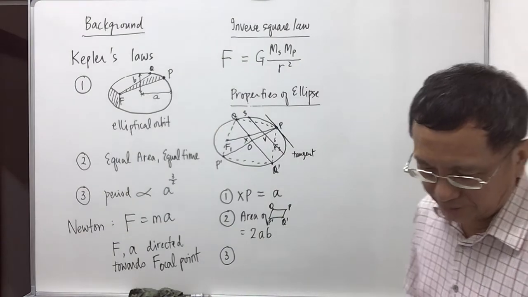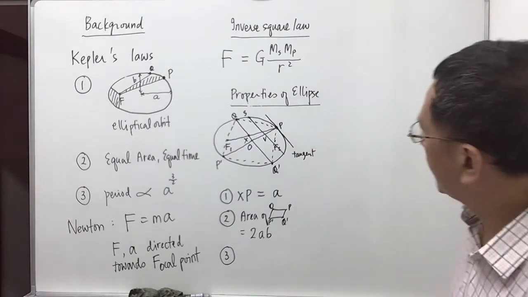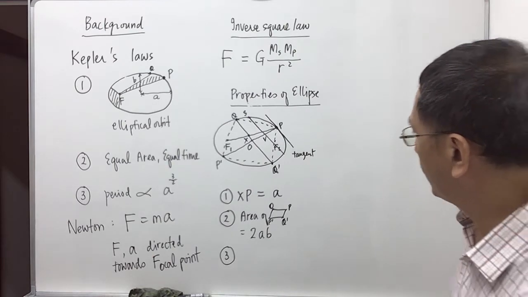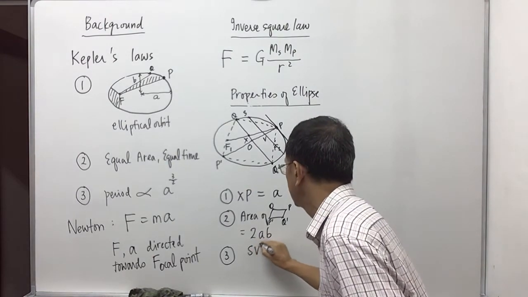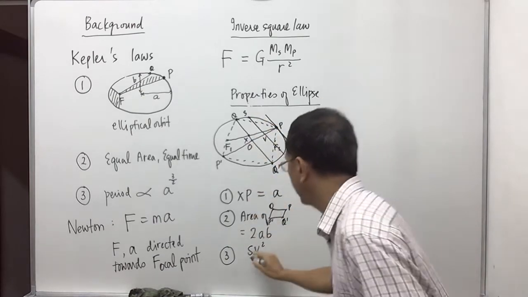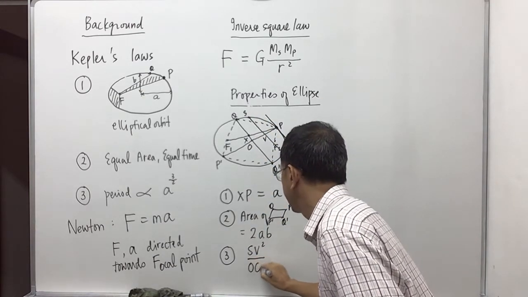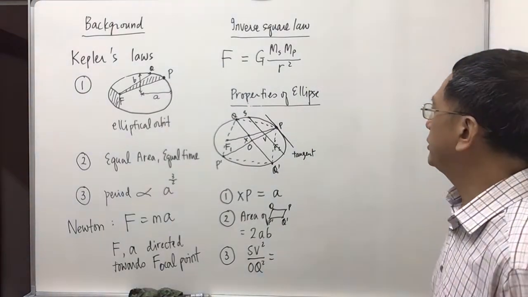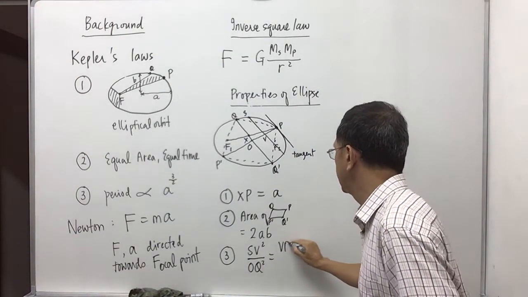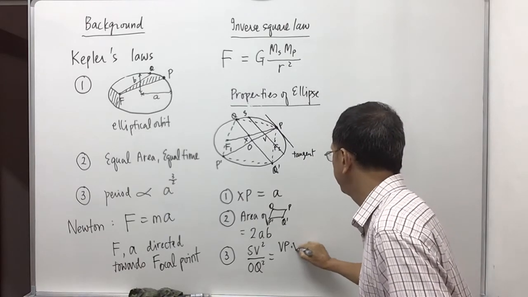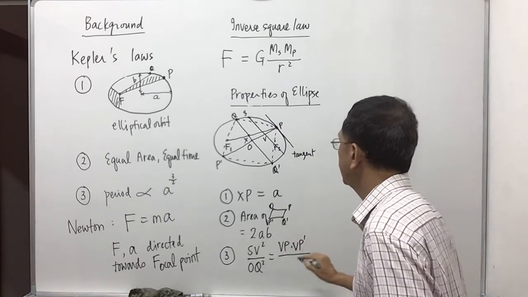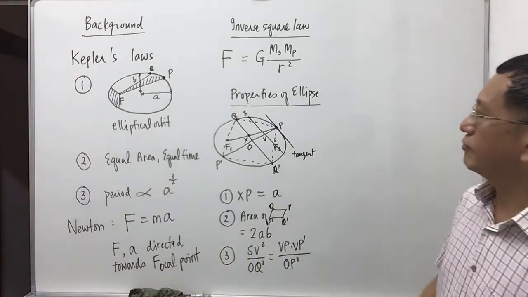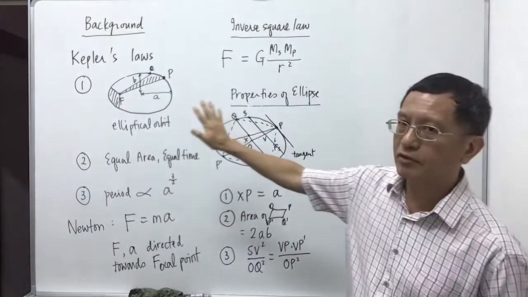And then, yeah, that's good enough. And then take a ratio of SV squared to OQ squared, right? SV squared to OQ squared. That's going to be equal to VP times VP prime over OP squared.